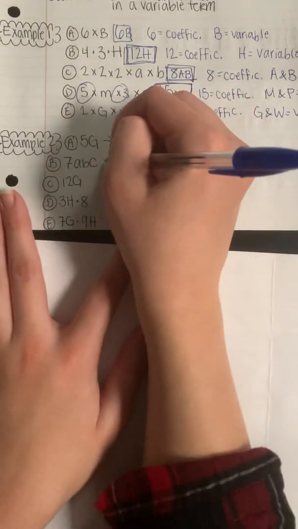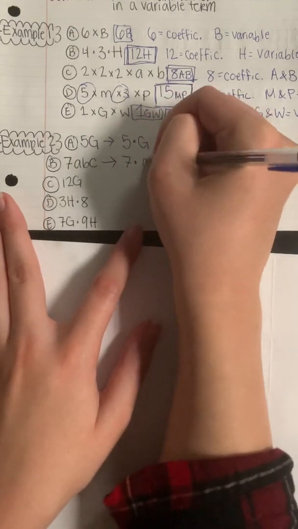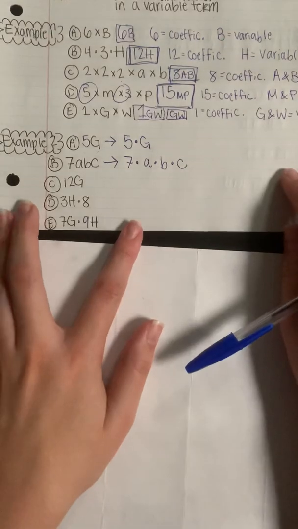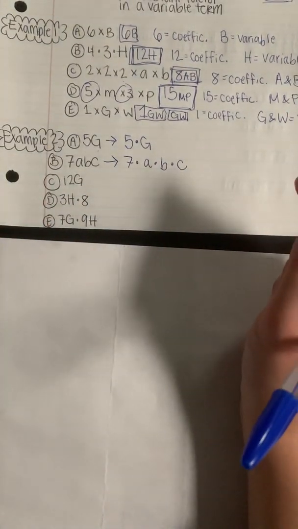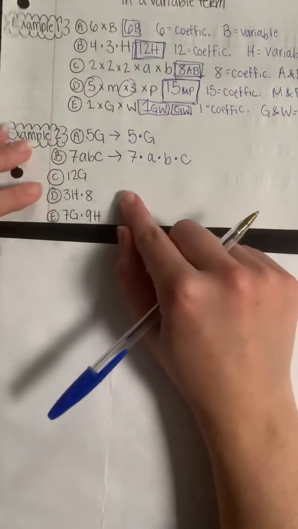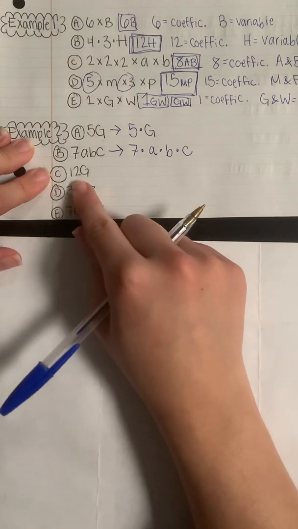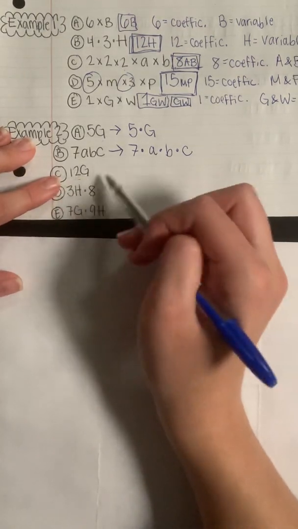For B, I have 7 times A times B times C. So we have a dot in between each of these. For C, we have 12G, and it's not 1 times 2 times G. If they ever have more than one number, they'll break it up, they'll move it around.